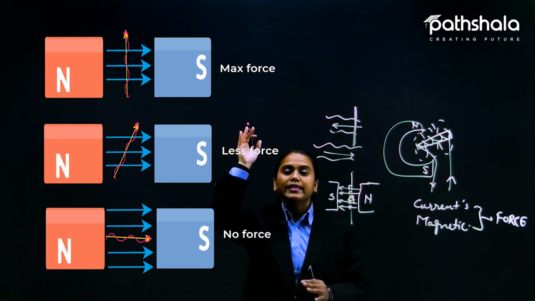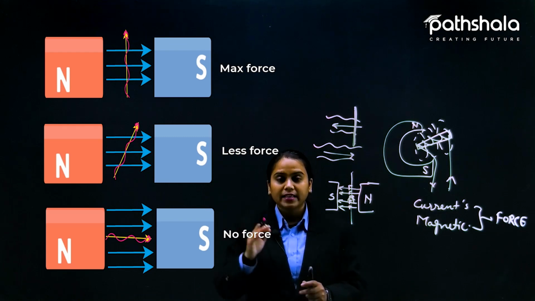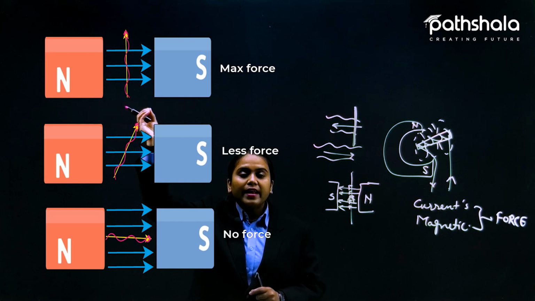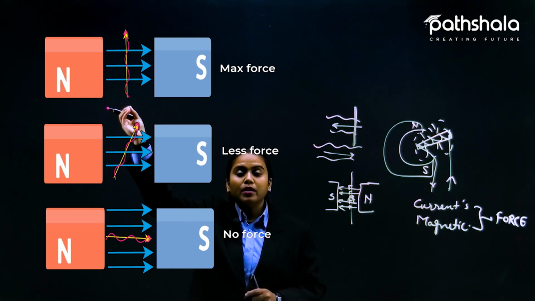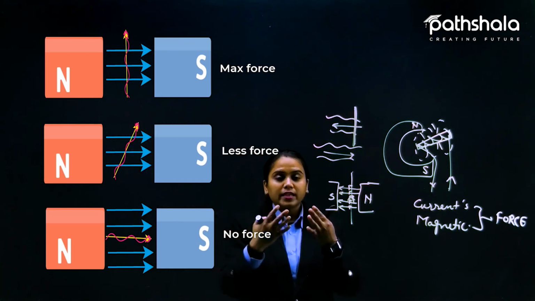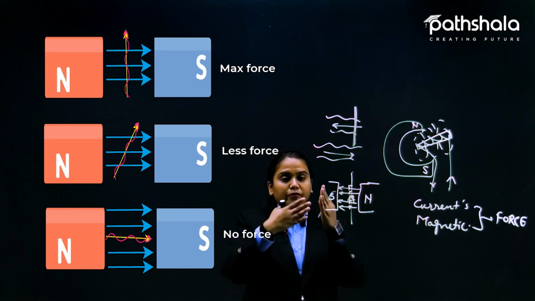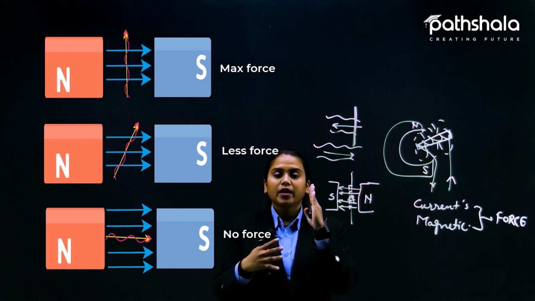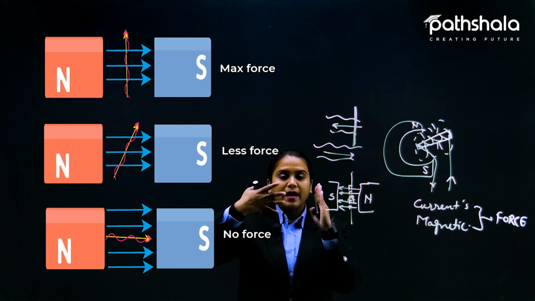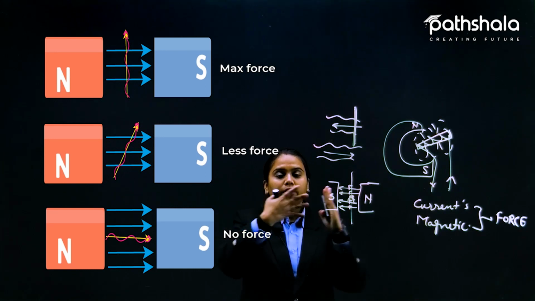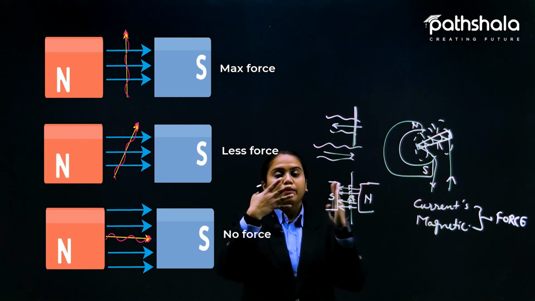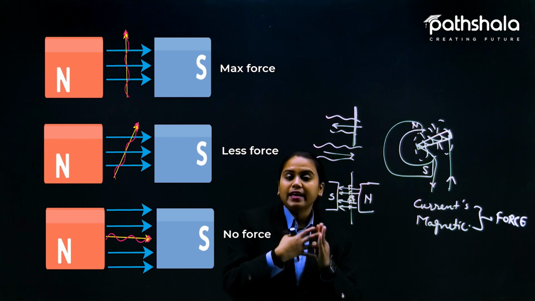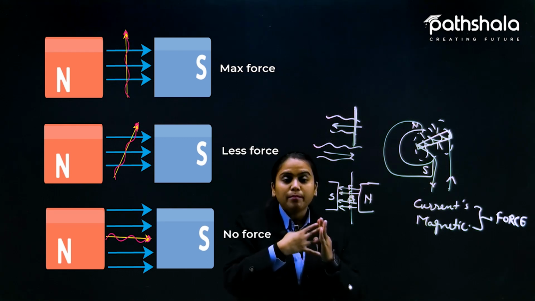So here is the same example. In the first case, the current carrying conductor is crossing and letting all the magnetic field lines pass. Let's suppose my hand is the current carrying conductor and these are the magnetic field lines. Because all the field lines are crossing the conductor like this, we will feel a maximum force.